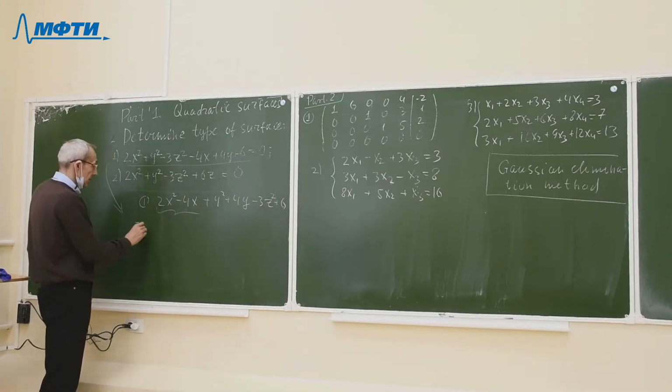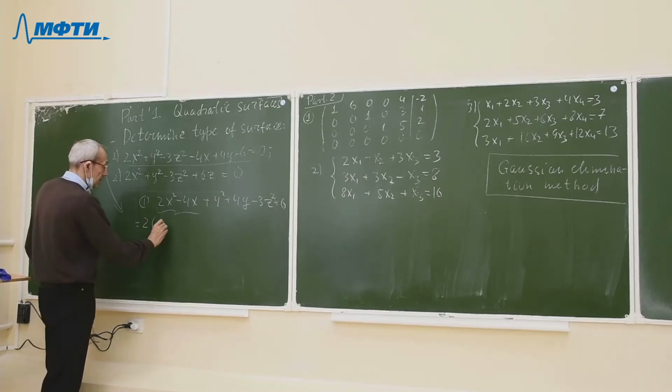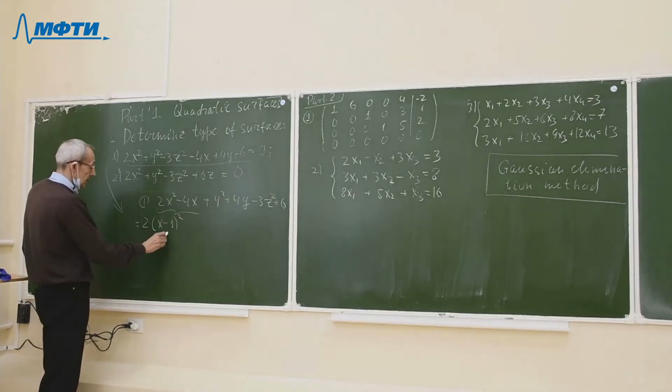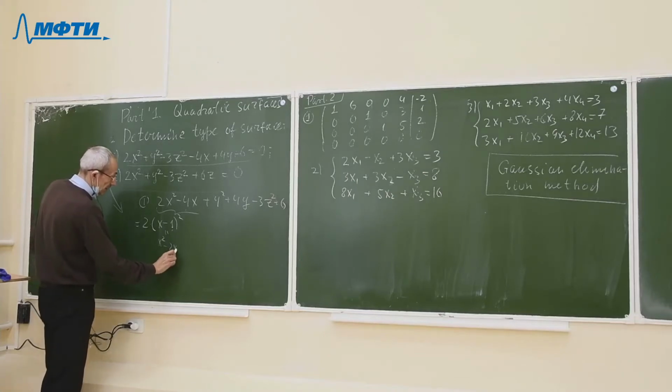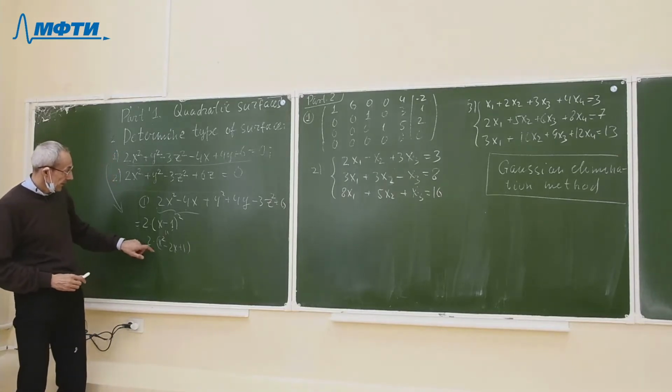The first two terms we can rewrite in the following form: 2 multiplied by (x minus 1) square. It is easy to see that this term is equal to x square minus 2x plus 1, which we multiply by 2.